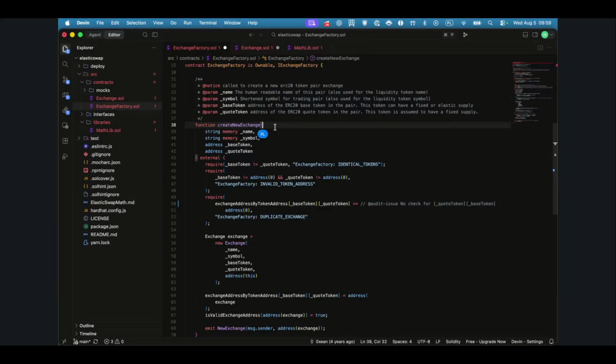I think Hacken only cares about some critical or high issues, and they are very clear about that. And Immunefi or Cantina share what the criteria is, what they care about, like fund loss or denial of service or things like that.